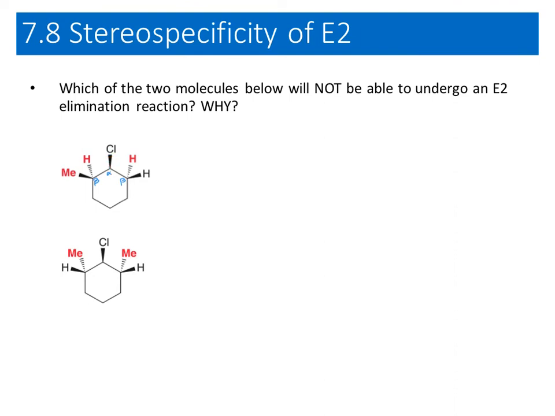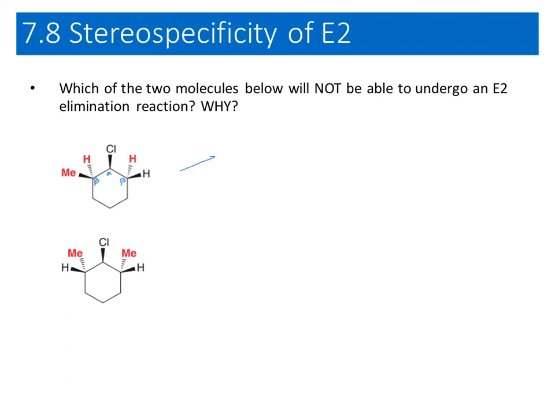Therefore, if we can have a beta proton that is in the opposite stereochemistry, meaning that it is in dash, the elimination can happen. So because the leaving group is in wedge, the beta proton must be in dash, so elimination, E2 reaction can happen. Now if you look at these 2 beta protons, on both of them I have a dash proton, so elimination can happen in both sides.